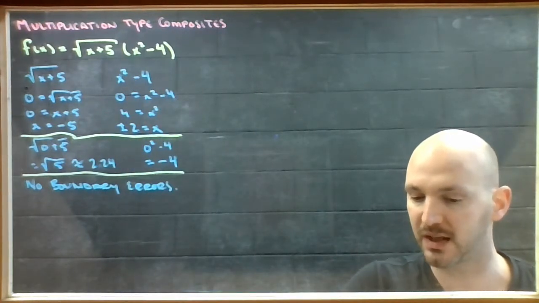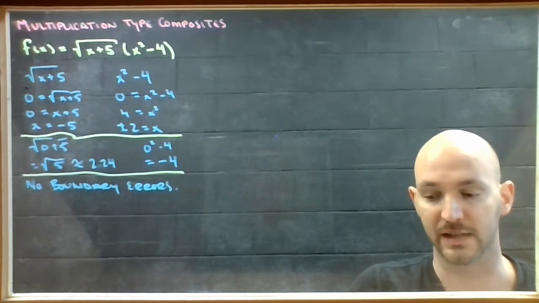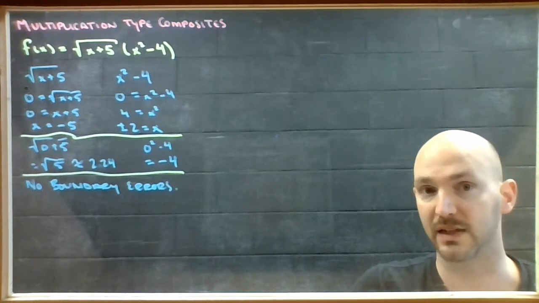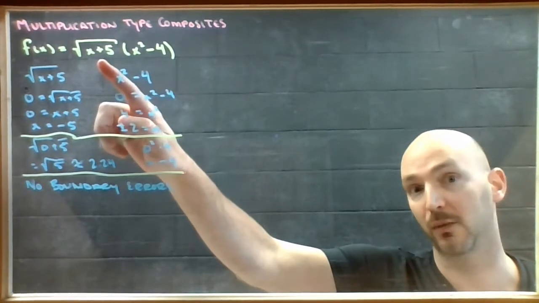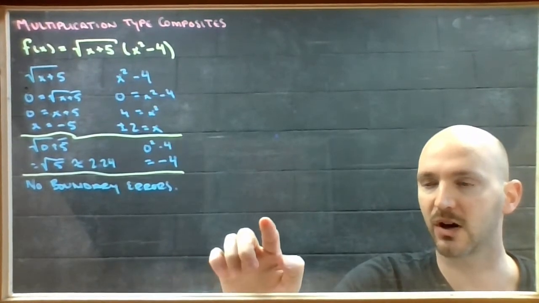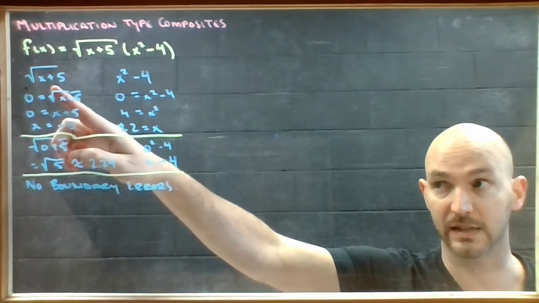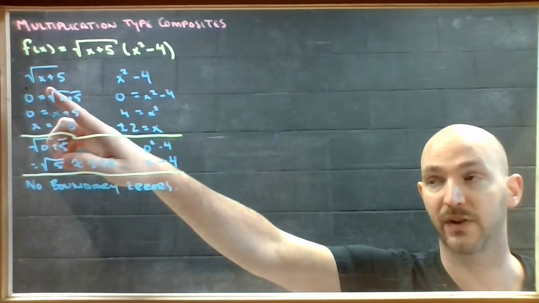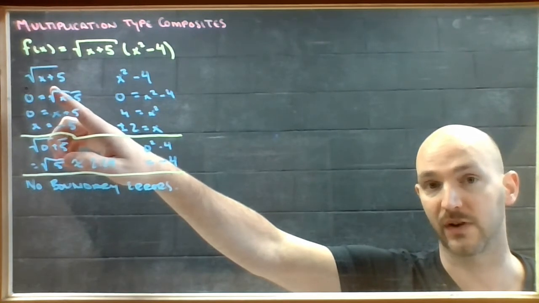Do either of the pieces have a domain error? And so a domain error is a place where that particular piece doesn't show up. Parabolas don't, but a radical does, right? A radical starts at a particular place and takes off. So just looking at this, I know that any x value less than negative 5 doesn't work for this function.